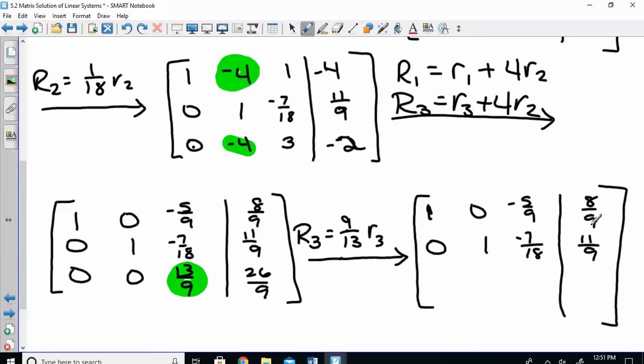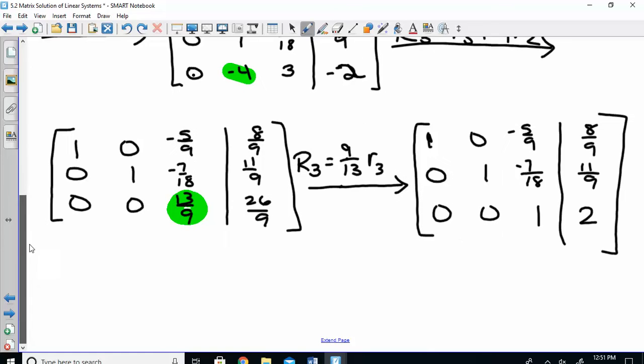I'm going to give you ones that have nice answers, but in general, they don't have to. There's nothing wrong with getting a fraction for a final answer. I'm just giving you nicer problems to practice this. So 0 times anything is still 0. 13 over 9 times 9 over 13 is 1. 26 over 9 times 9 over 13 is 2.